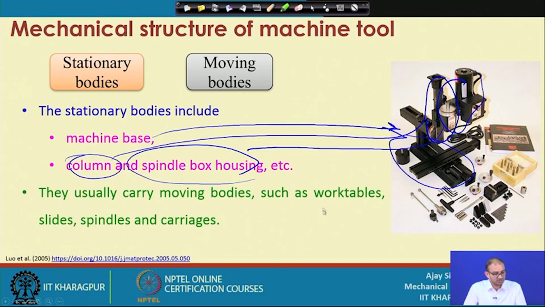So, those things are the movable components. So, your stationary body is important for carrying this, and then you have to also make sure that all things are perfectly assembled. If that is not the case, if some loose connections are there, or perpendicularity, parallelism, flatness are not there, then it will create a problem at a later stage.